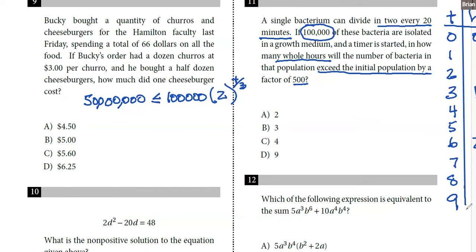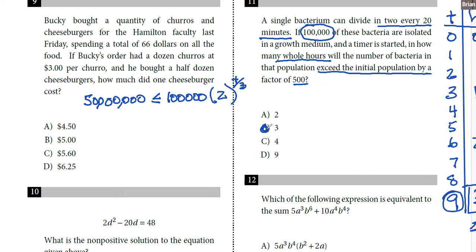And 9 20-minute periods would be 3 hours, and I'd be at 51,200,000, which would be the correct answer, that it would be 9 20-minute periods, which is 3 hours.